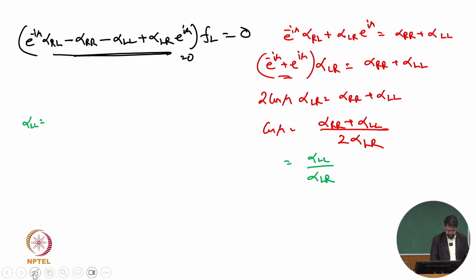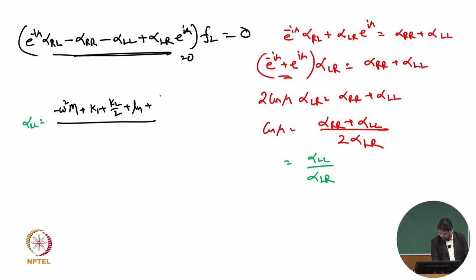Lambda LL, first let me write the denominator, so numerator will be minus omega square capital M plus Q1 K2 by 2 plus ln plus K2 square divided by 2 omega square M2 by K2, divided by dyc.